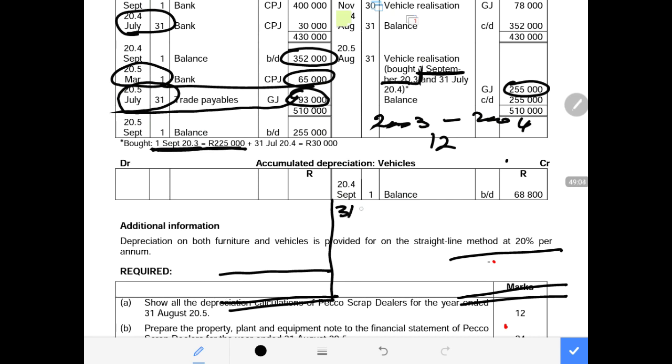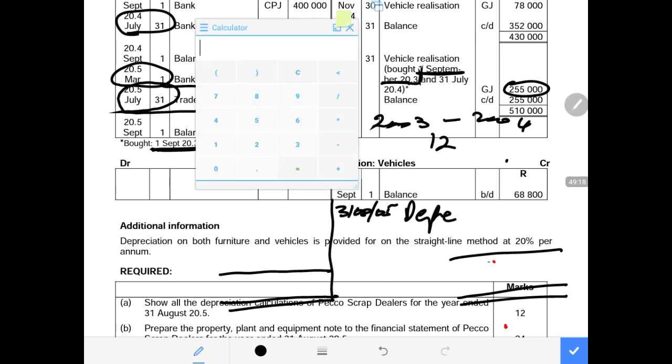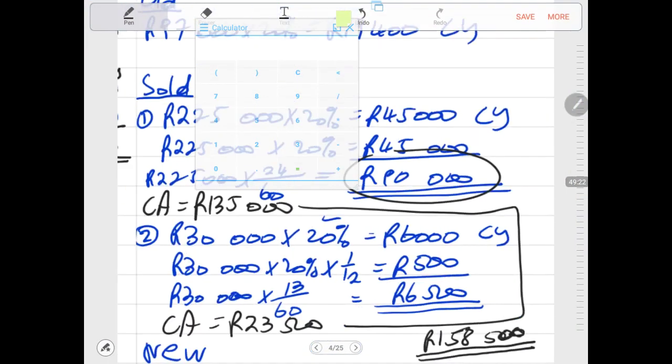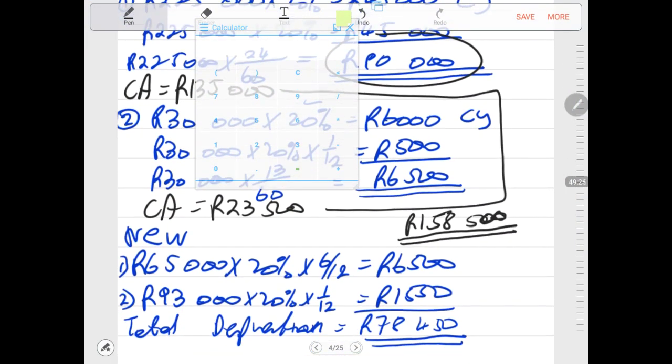Now here at the end of August 2005, we record depreciation, because in this case all the depreciations will be recorded at the end of the year. The total depreciation that I calculated was 78,450.